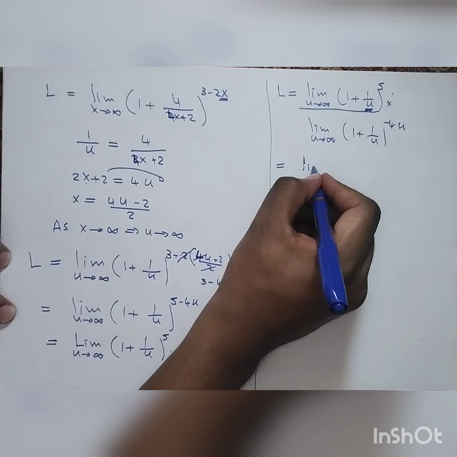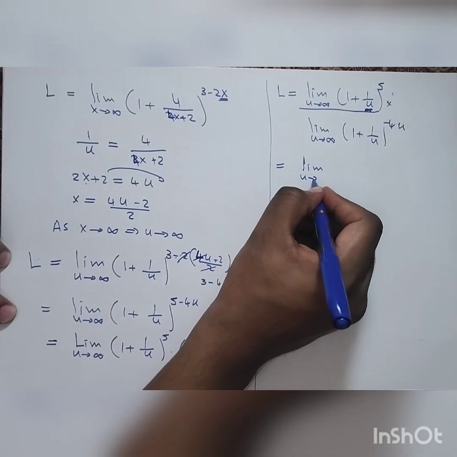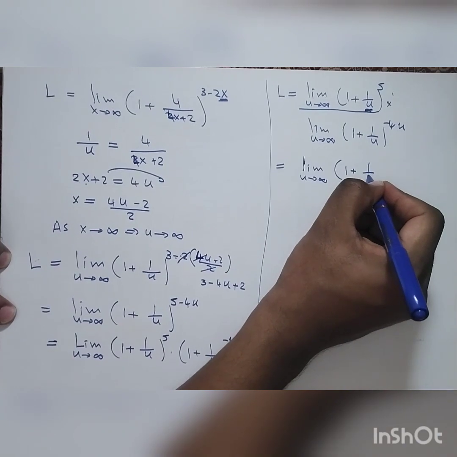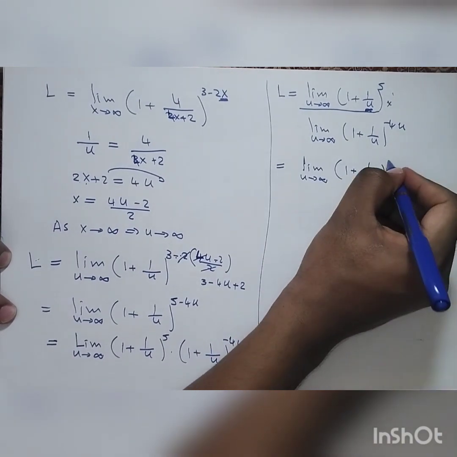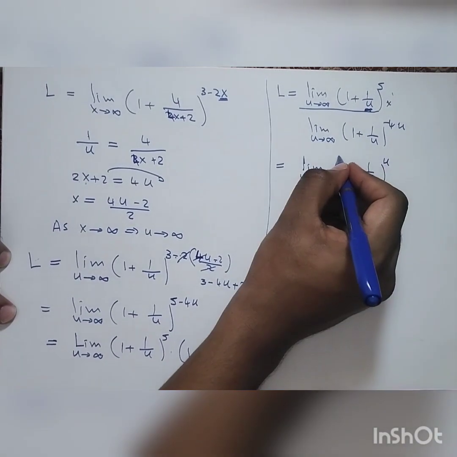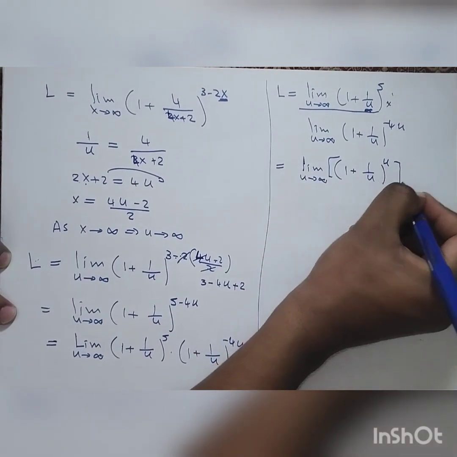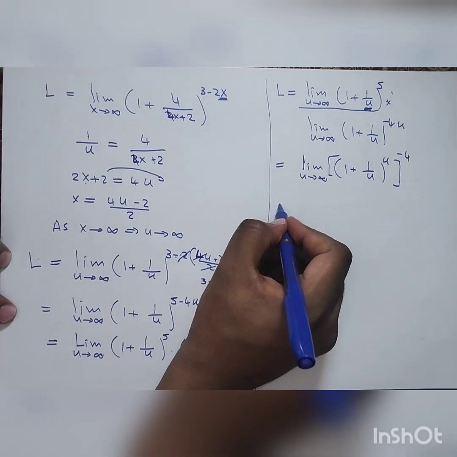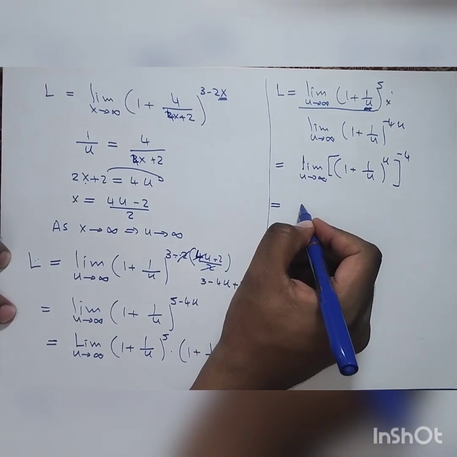So we say limit as u approaches infinity of 1 plus 1 over u. Again we do the same, writing this as u, but to the power negative 4, right? Again we put the limit inside.